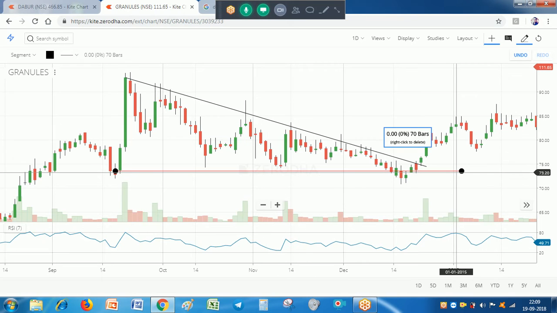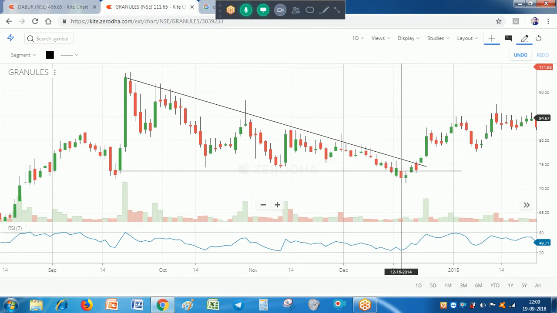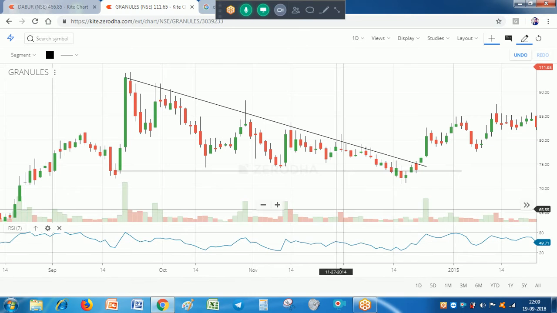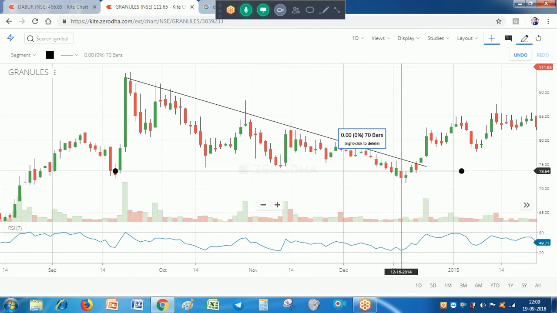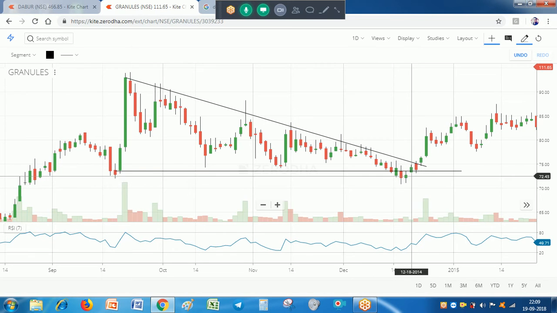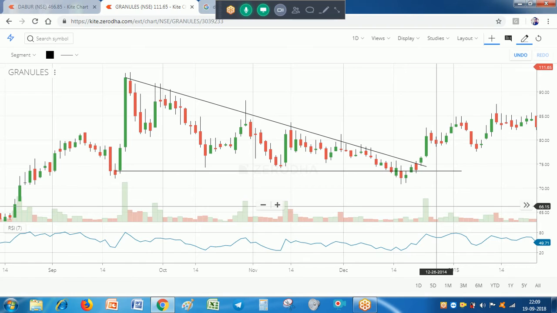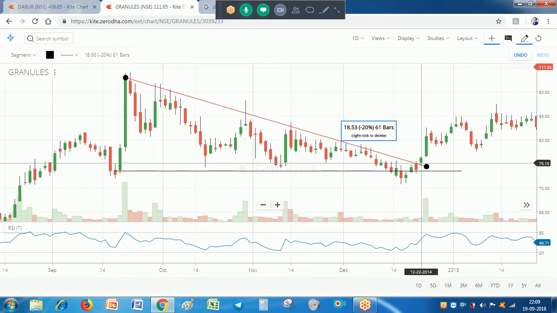So we could see here friends, there is one more thing. You could see that lows are almost equal lows. So stock has given a downward movement also, but has not fallen from that level. After that, stock again came up.